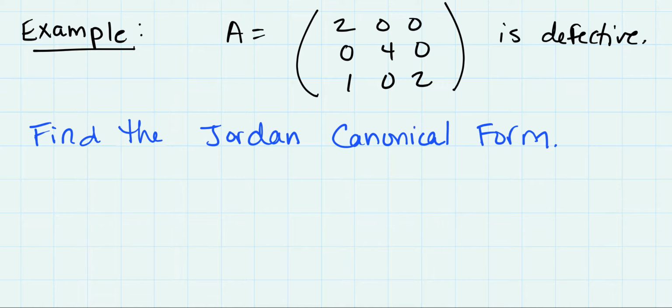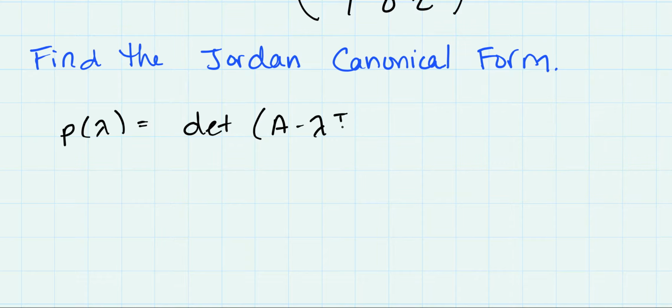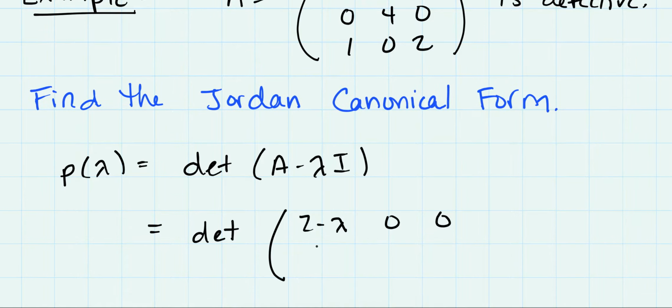Okay, let's get started. So I'm going to find the characteristic polynomial. The characteristic polynomial is the determinant of A minus lambda I, which is actually really easy to calculate because this is a lower triangular matrix. So 2 minus lambda, 0, 0, 0, 4 minus lambda, 0, 1, 0, 2 minus lambda.